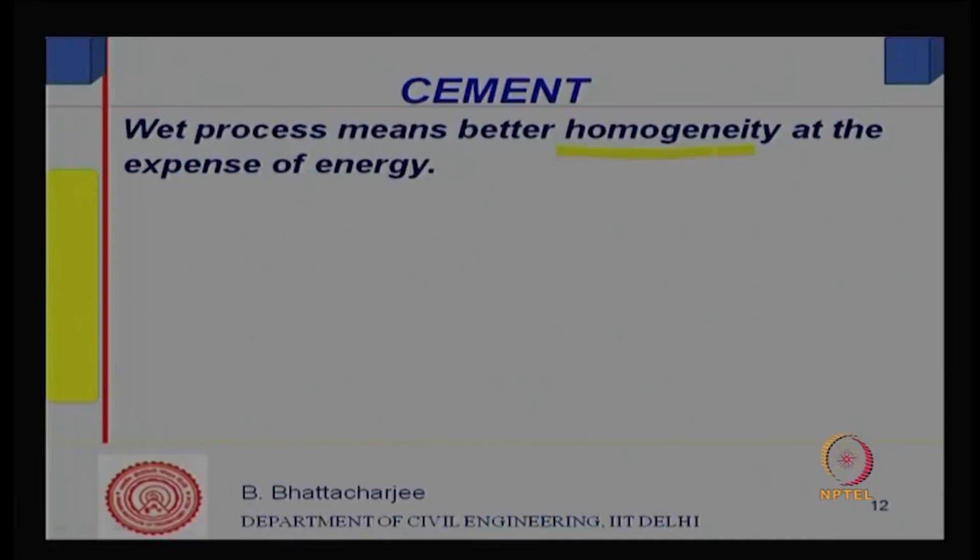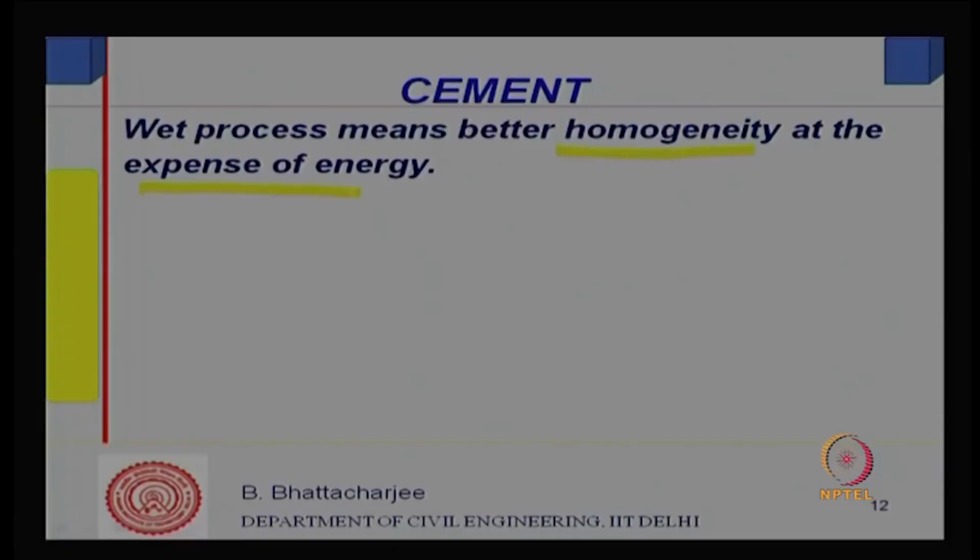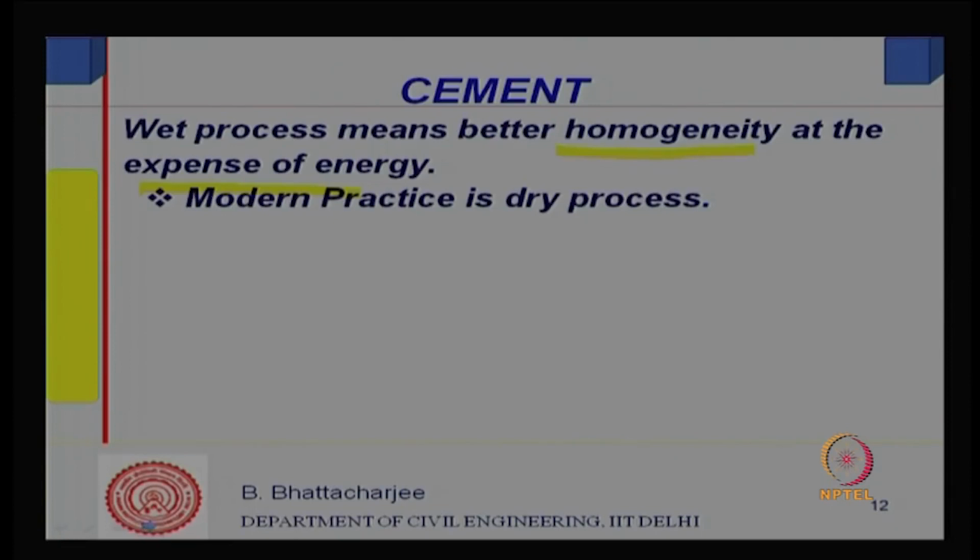In the wet process one would have got better homogeneity, but about 40% would have been water in the slurry, and when you heat it you have to drive out that water, therefore energy used is more. In the dry process the technology improved in the second half of last century, and from the 1980s or 1990s onwards you do not find the wet process anymore, it is mostly the dry process. So, modern practice is the dry process.